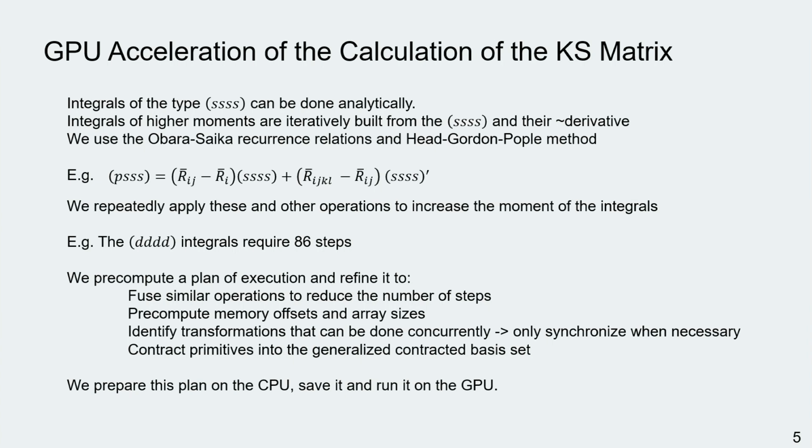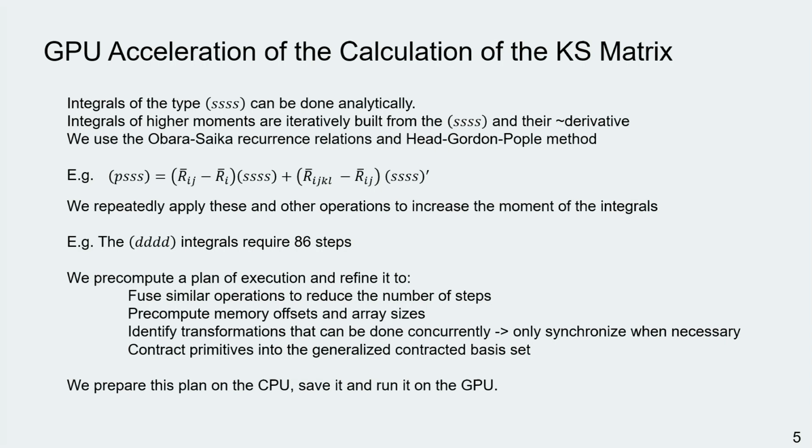For example, we can build an integral between a p orbital and 3 s orbitals as a linear combination of the simplest orbital and its derivative. We repeatedly apply the vertical operation and then other, more complicated operations to increase the moment of the integral until we reach the angular momentum needed from our basis set. It can get quite complicated. For example, computing an integral between 4 d orbitals requires 86 of these steps.